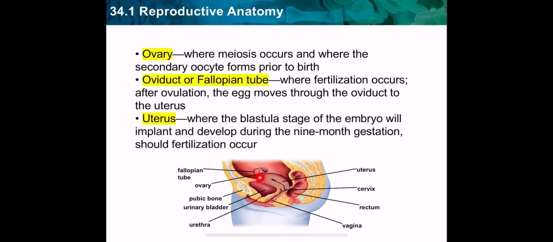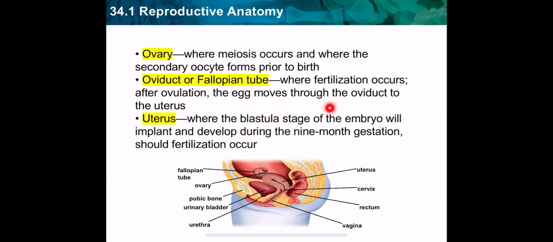This is the right ovary and right fallopian tube. What's the function of the fallopian tube? This is the area where fertilization occurs. In the fallopian tube, the ova meets the sperm for the production of the zygote.